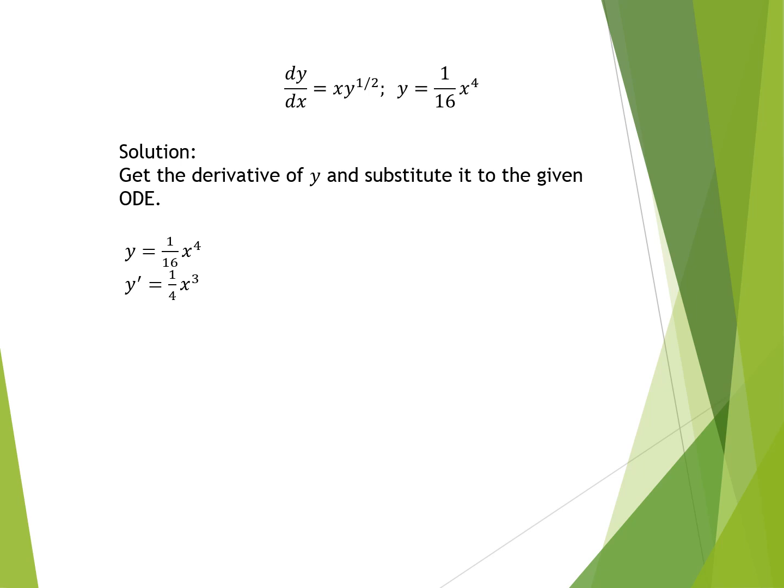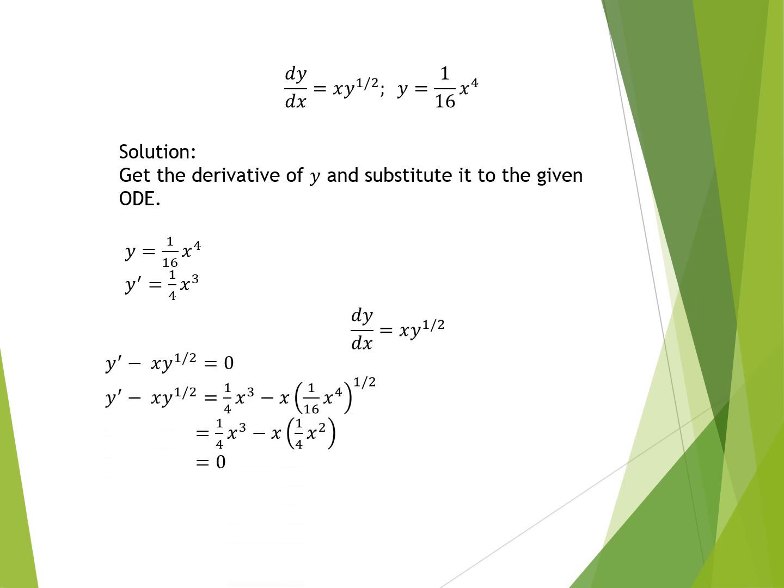The first derivative is 1 over 16 times 4, that's 1/4, and subtracting 1 from the exponent 4, it's 1/4 x cubed.